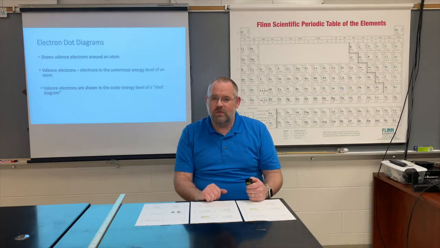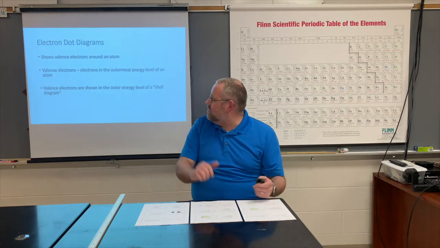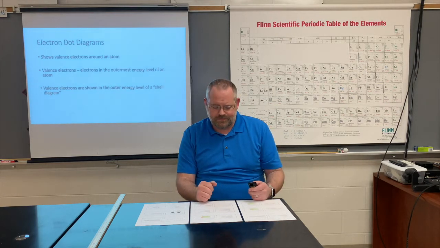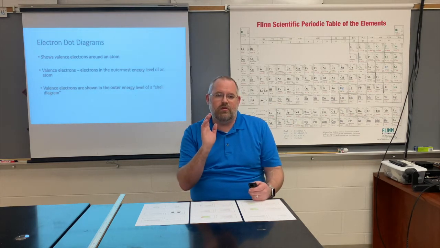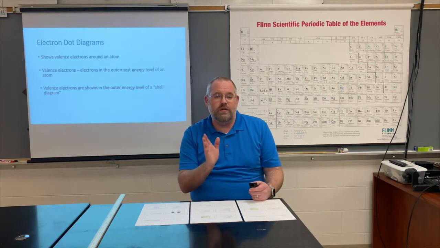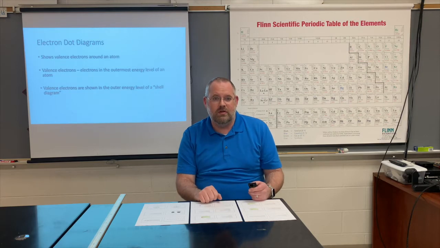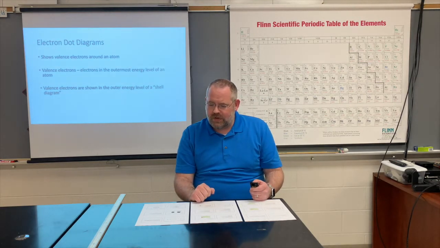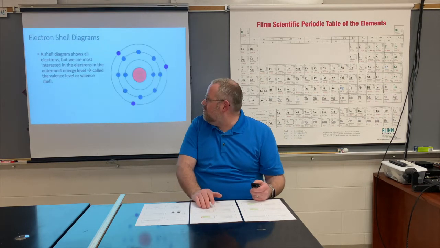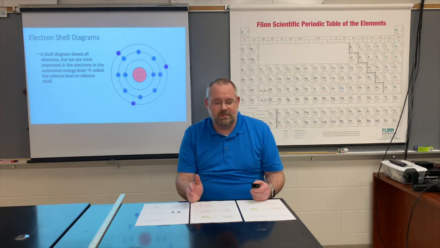Okay? And we use this with something called the electron dot diagrams, also called the Lewis dot diagrams. And when we are drawing Lewis dot diagrams, we are drawing only the valence shell electrons, okay? And these correlate specifically to the groups and families of the periodic table.